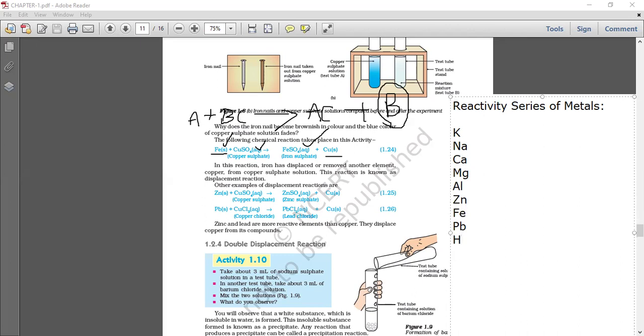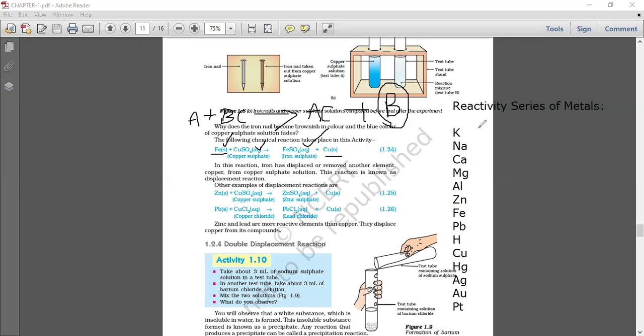Hydrogen is not a metal, it's a gas, so there are some exceptions. Then copper, after that mercury, silver, after silver gold, after gold platinum. These are the reactivity series of metals, written from top to bottom, high to low reactivity.